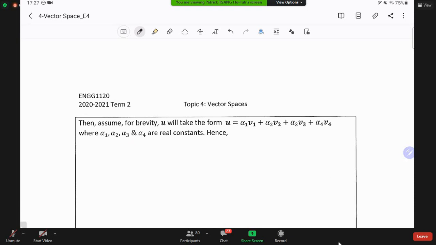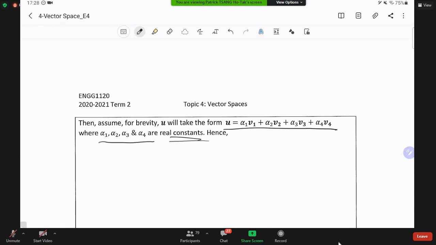So we assume vector u will take the following form: u equals alpha 1 times v1, plus alpha 2 times v2, plus alpha 3 times v3, and the last one, plus alpha 4 times v4. In particular, alpha 1, alpha 2, alpha 3, and alpha 4 are real constants.